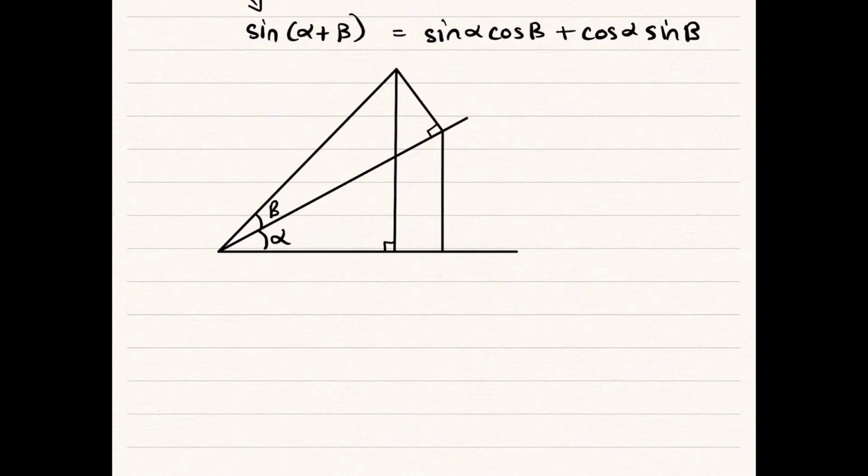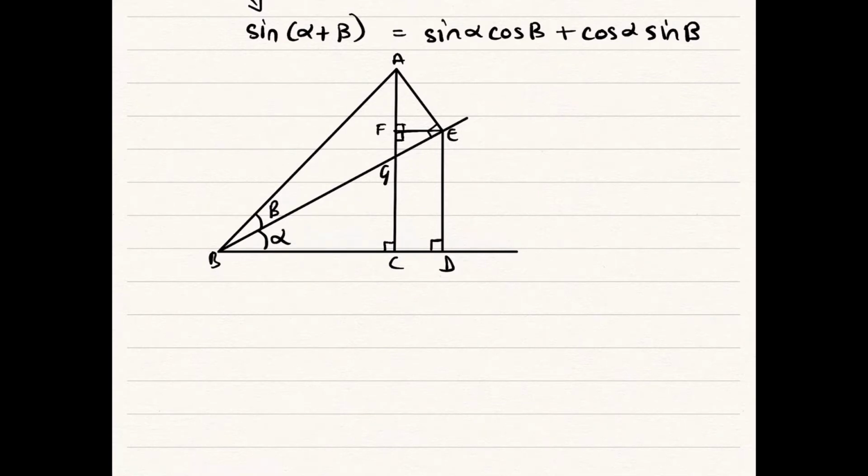Why are we drawing perpendiculars? So that we get right triangles and we can apply trigonometry over here and prove a trigonometric identity, right? So all of these are right triangles which we have. Let's label it as A, B, C, D, E, F and G, and let's try to prove it.